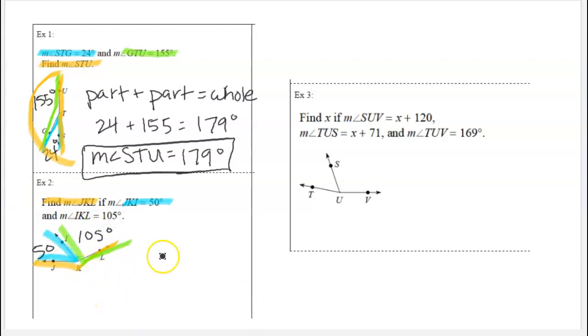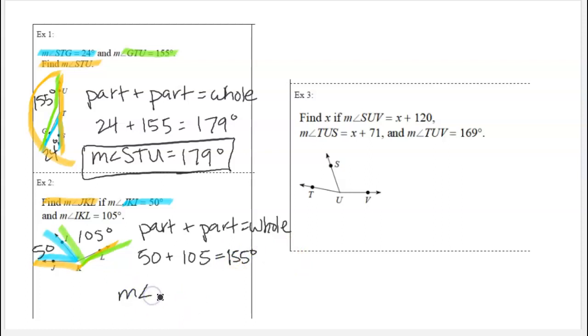So once again, part plus part equals whole. I'm going to add 50 plus 105, which will give me 155. So the measure of angle JKL is 155. And I'm going to fix my colors there. IKL 105.